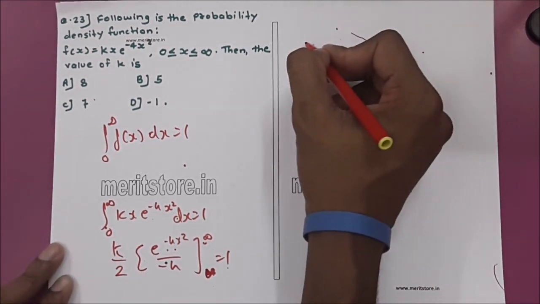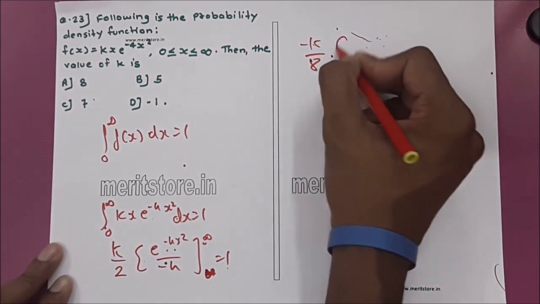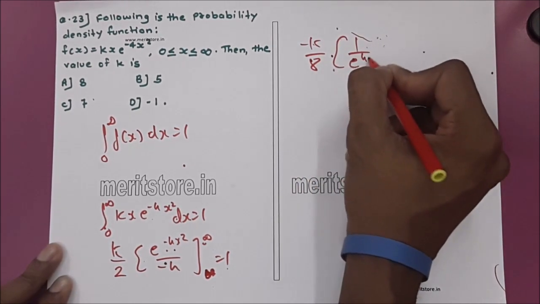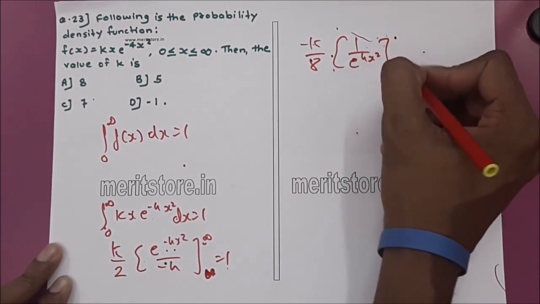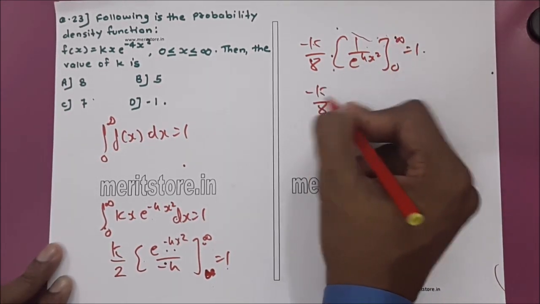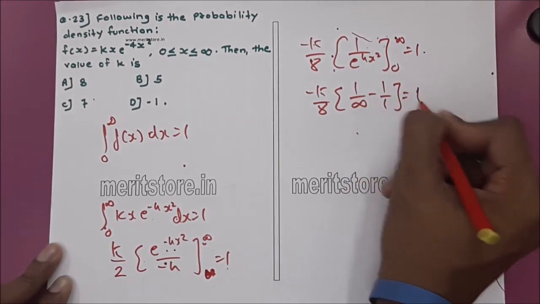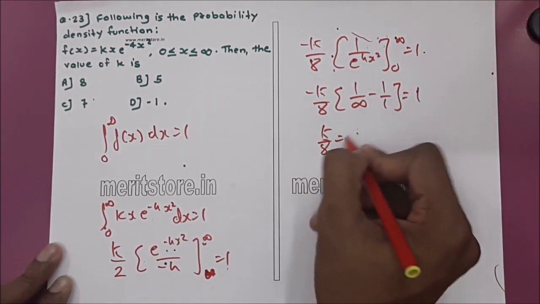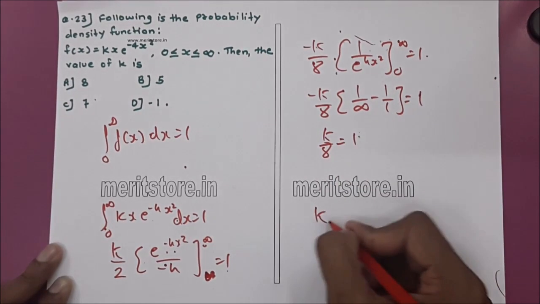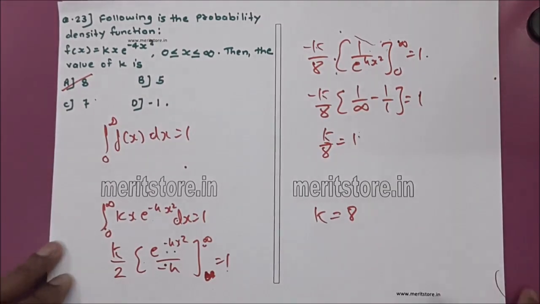We solve this, we get minus k upon 8 times e raised to minus 4x square, 0 to infinity, equal to 1. We get minus k upon 8, 1 upon infinity minus 1, which is equal to 1. We get k is equal to 8, which is option A. Option A is the correct answer.